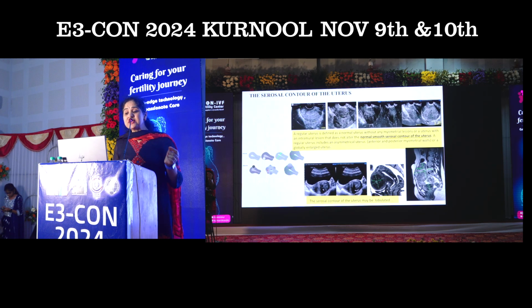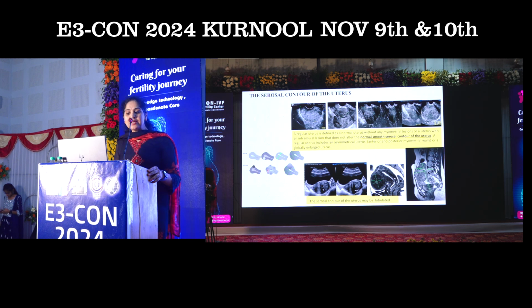Next comes the serosal contour. These are all the descriptors, terms and definitions as per MUSA criteria. Serosal contour of the uterus is the tracing of the serosa along the uterine outline. The regular uterus is defined as one having a normal smooth serosal contour. This hyperechoic or hyperreflective peritoneal lining clarity is extremely important.